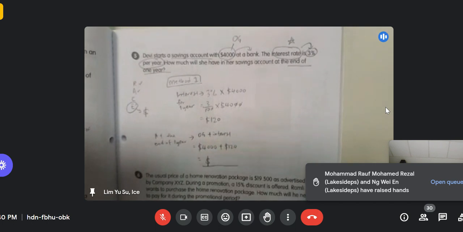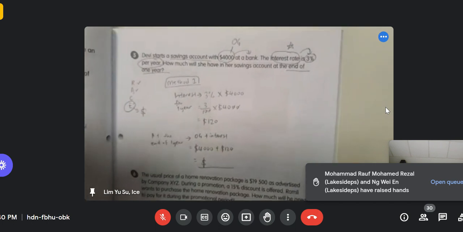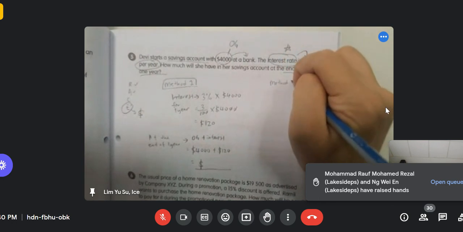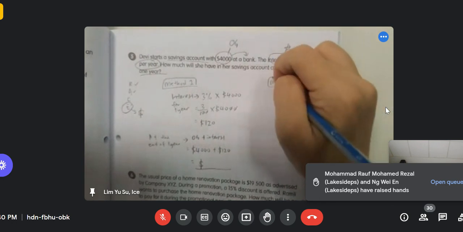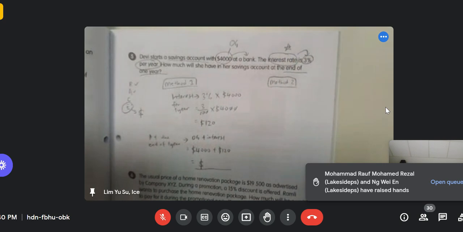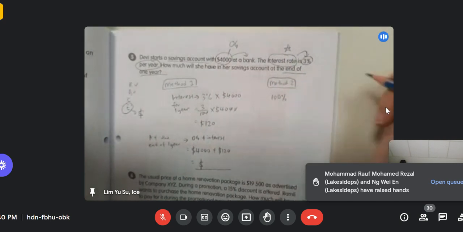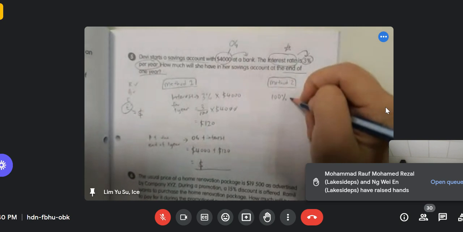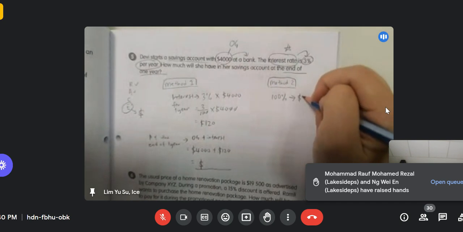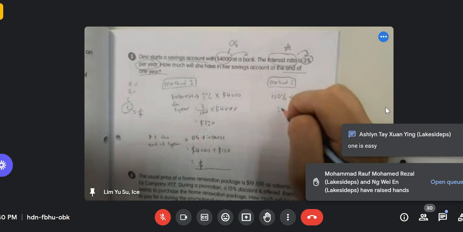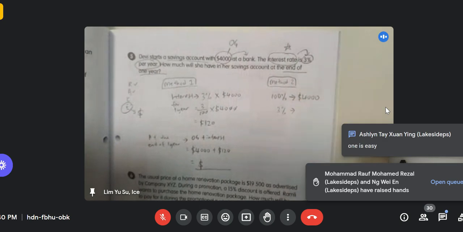Now, alternatively, method two: the 100% is the original amount of money. 100% is $4,000. The interest is 3%.